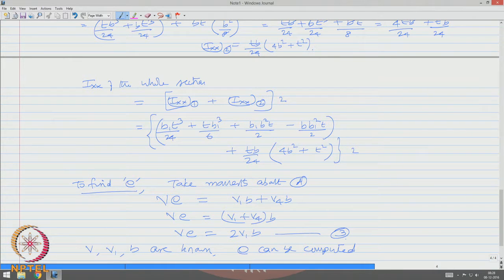Or on the other hand, V 1 is known in terms of V. So, therefore, still E can be computed.